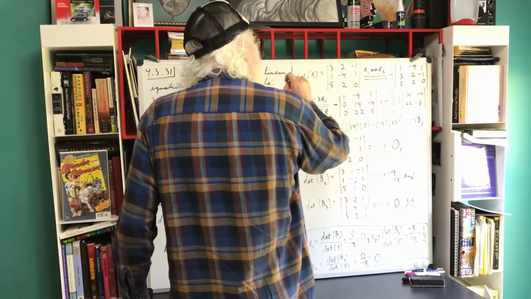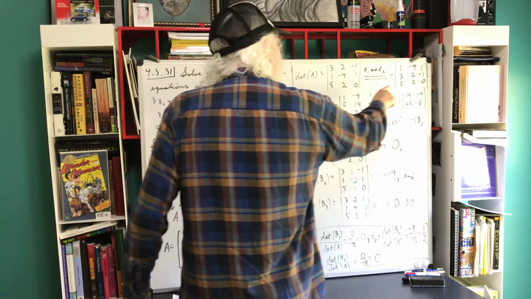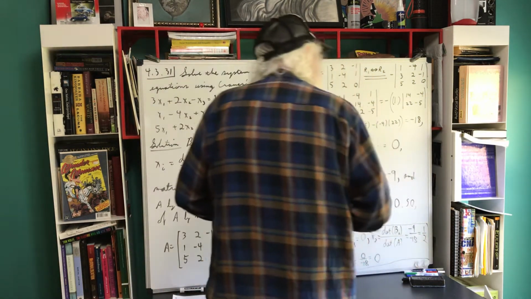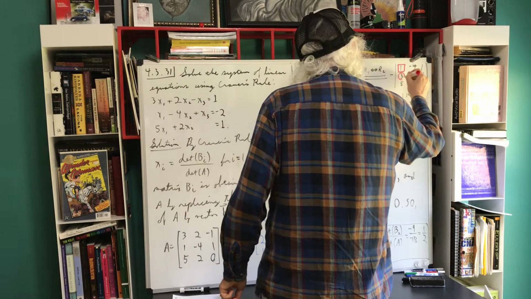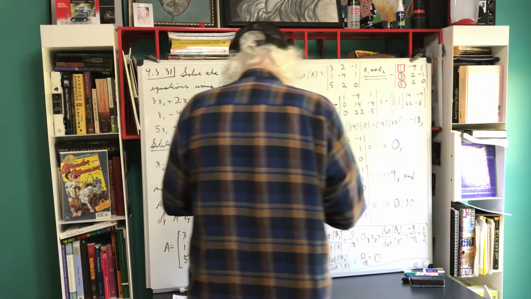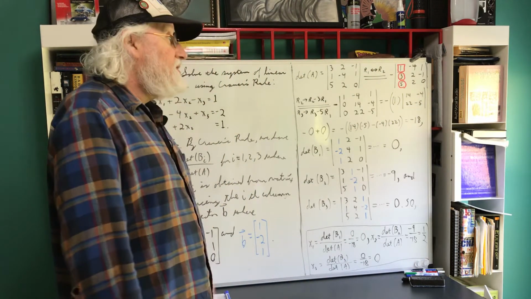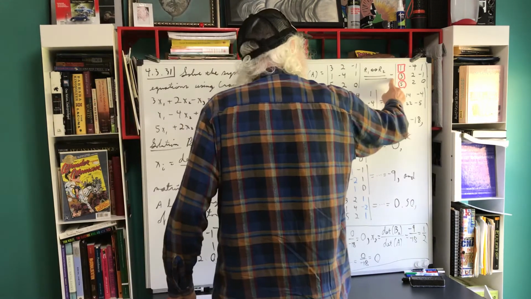See this 1. Let's swap row 1 and row 2 to get a 1 up here. Then we'll use that 1 as a pivot, and we'll eliminate the things below the 1 as usual. Swapping row 1 and row 2 changes the value of the determinant by a negative sign. So we'll have to introduce a negative sign here.